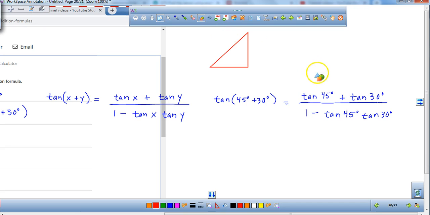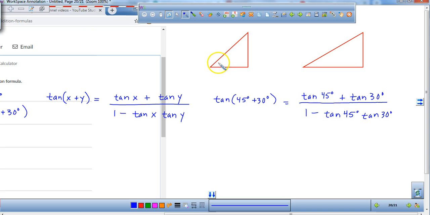There's the 45, 45, 90. Here's a 30, 60, 90. Try to make it as nice and neat as possible. There's the 60, there's the 30, there's the 90. So we're going to go from this angle right here. I'm going to put a little arrow going across, label it the opposite side.